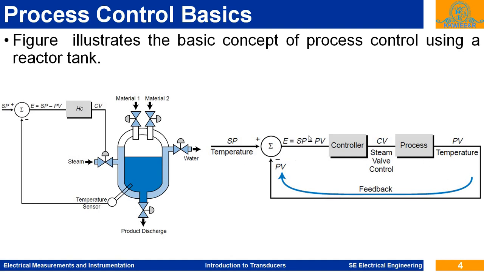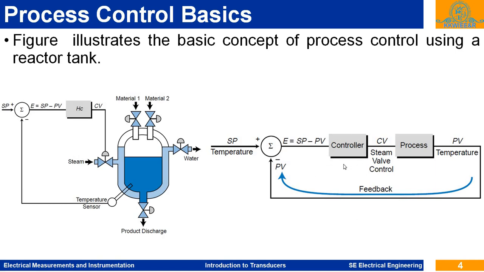And this is the closed loop diagram used in the control system. This is the set point, and this is a summing point, where the set point and the actual process variable are compared, and the error signal is given to the controller.